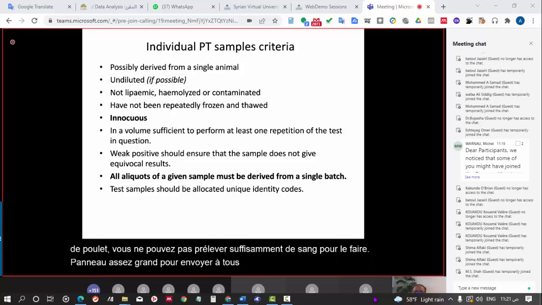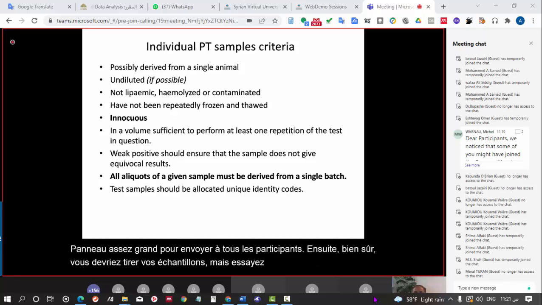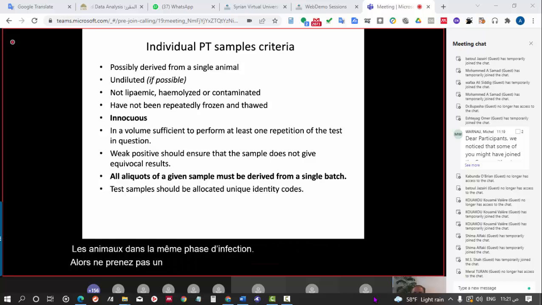Then, of course, you should pool your samples, but try to make it from animals in the same phase of infection. So don't take one animal and draw blood 3-4 times and pool. Rather have 5 animals and draw blood at the same time.